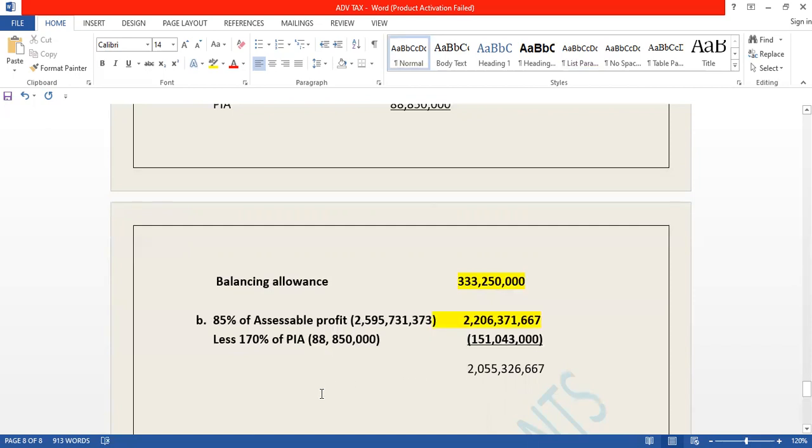So this one we get now is our chargeable profit. And what do we need to do? So we call this chargeable profit as requested.